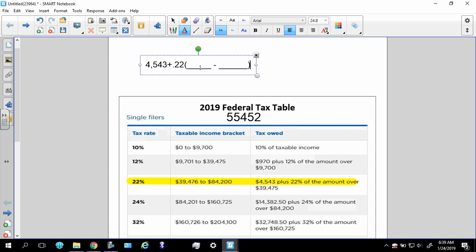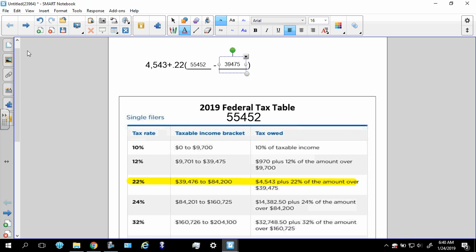The first number represents the number that you're looking up, which is 55,452. That will go here. And then it also has 39,475. That will be my second number. You can put that in the calculator and just press enter and it'll give it to you.